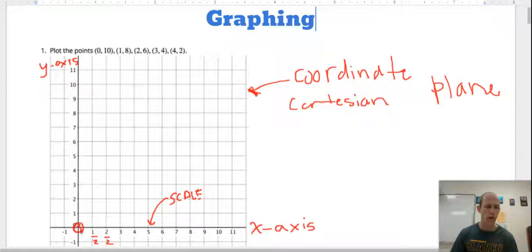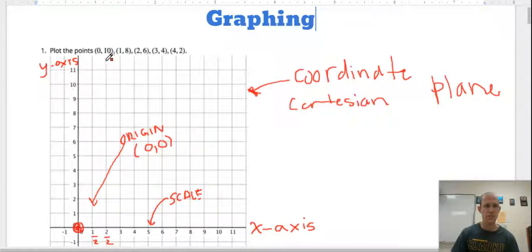This right here where the two axes meet, that is something that's called the origin. It's the beginning of our graph. It originates from there. This has the coordinate of 0, 0, which leads me to the next part, coordinates.